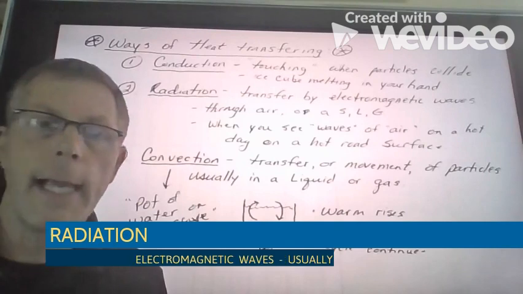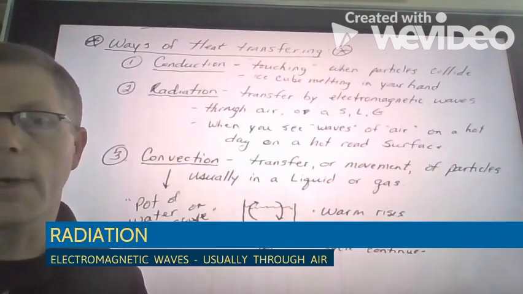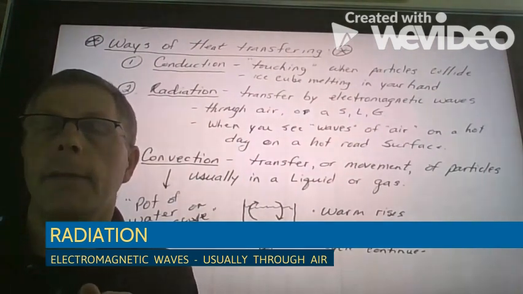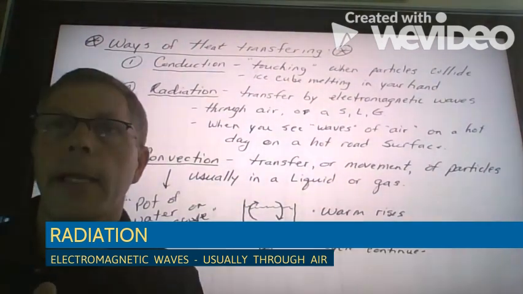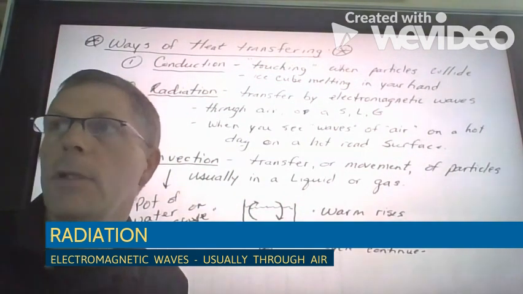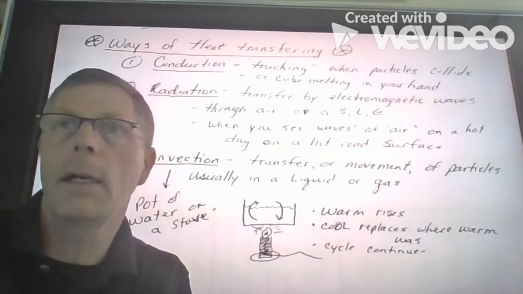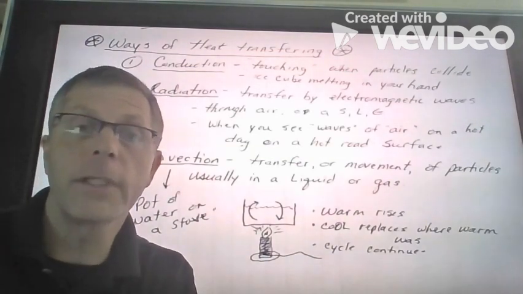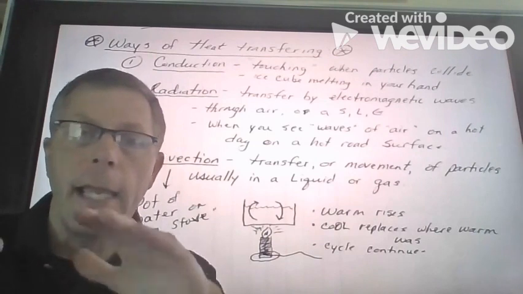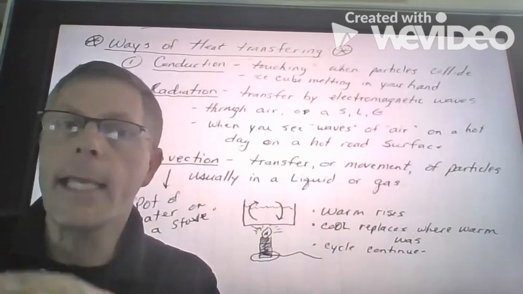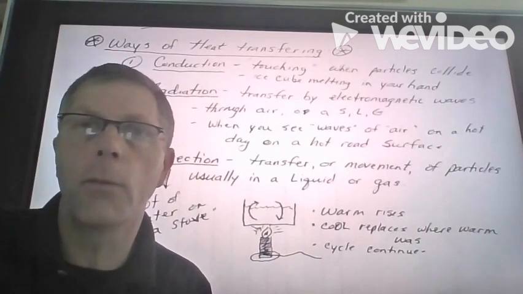The second one is radiation. The easiest way to describe radiation is the transfer through electromagnetic waves. On a very hot day, you can sometimes look out towards a field, or more specifically, a roadway, and you'll see the bending of the waves, and we say, oh, look at that heat radiating up from the road.